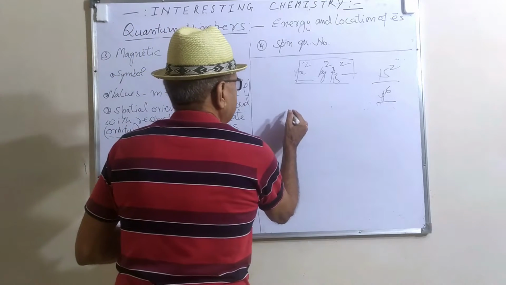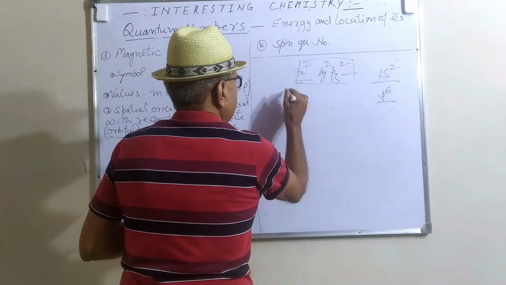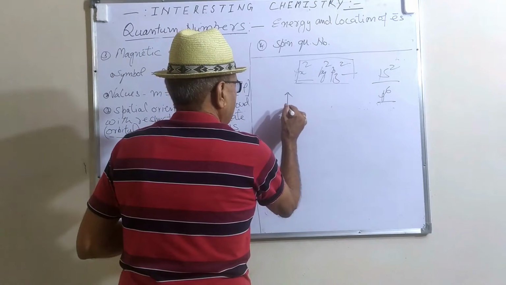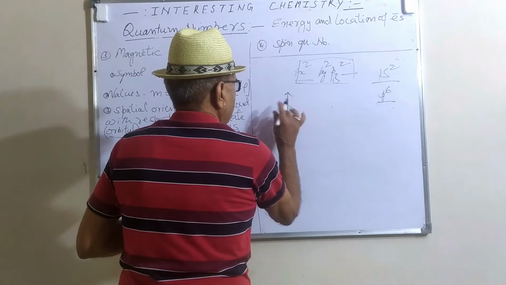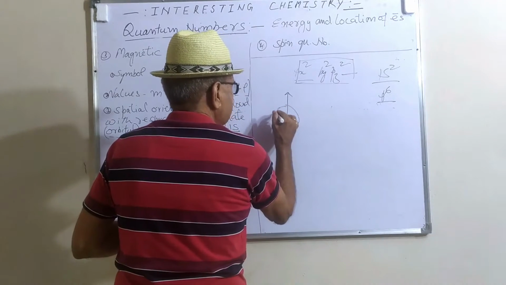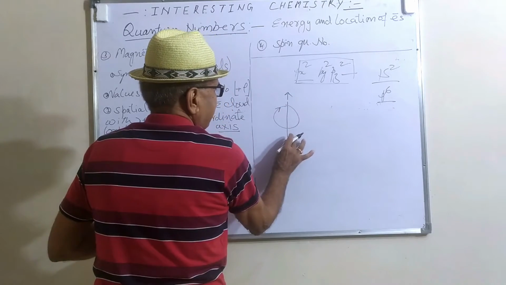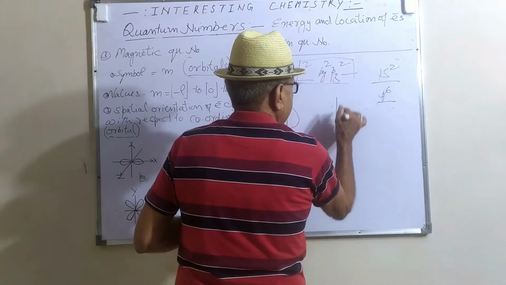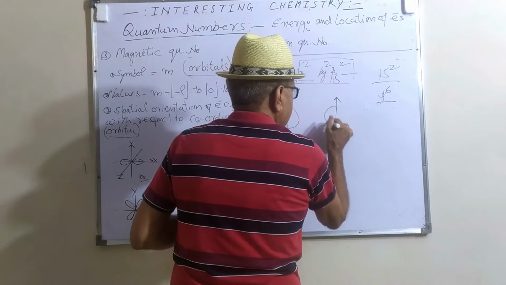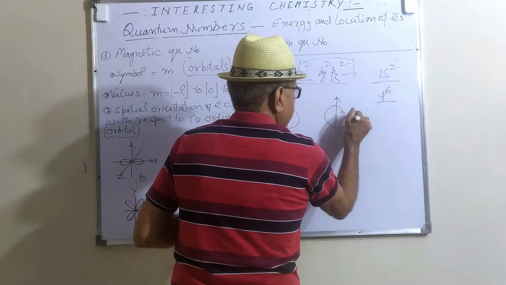So here this is the electron. It is the axis, and it moves in this direction, and here this electron moves in this way.